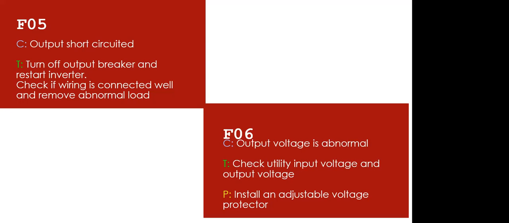Short circuit means the negative, the neutral and the live of the appliances have been bridged together. So the inverter will be sensing that short circuit for a few seconds. If that persists or happens frequently, it may go to a fault.